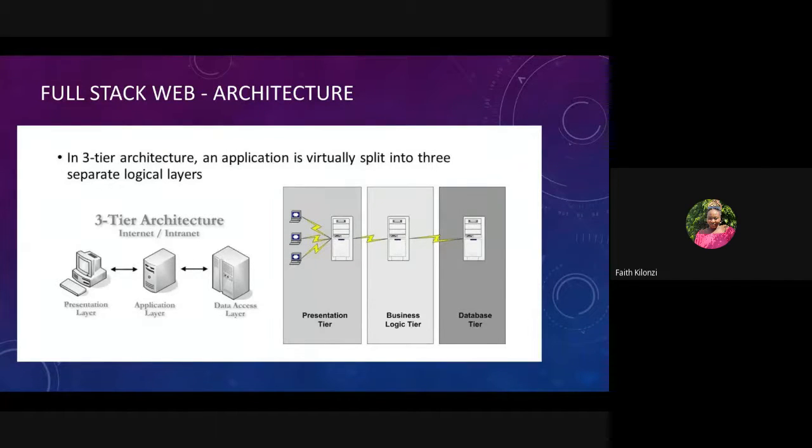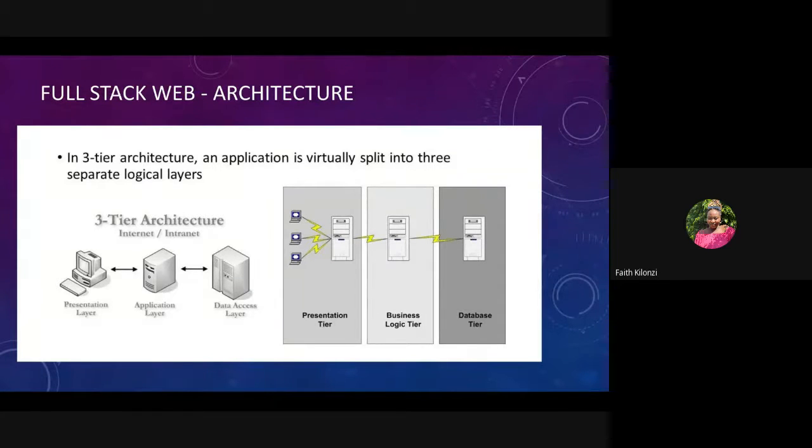I said there are different architectures, but the most common and popular one is the three-tier architecture. Usually, an application is split into three separate logical layers: the presentation layer, the application, and the data access. Today, we are only interested in the data access because that's where databases lie.